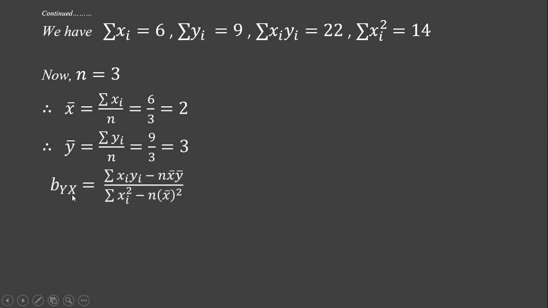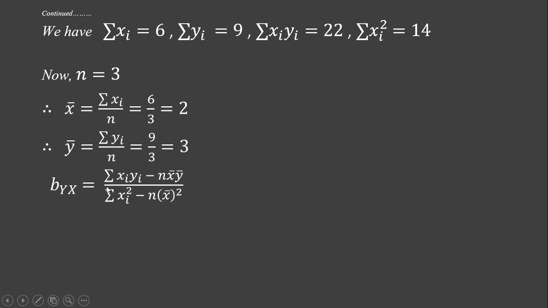Now for byx, we use this formula: summation xi yi minus n into x bar y bar, upon summation xi square minus n into x bar square. The value of summation xi yi here is 22, n is 3, x bar is 2, y bar is 3, and summation xi square is equal to 14.